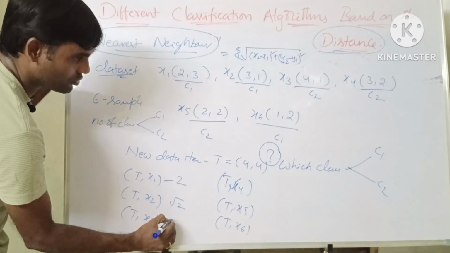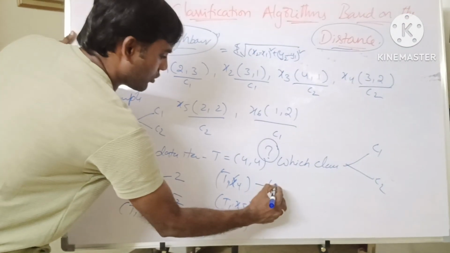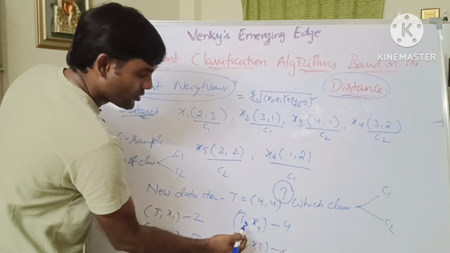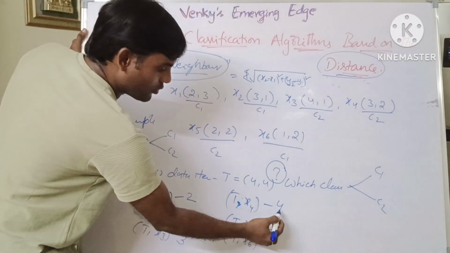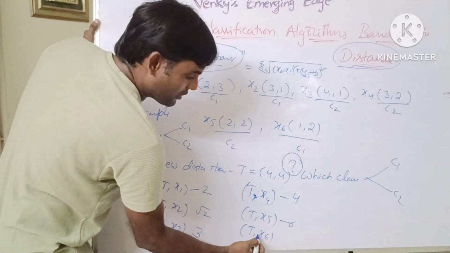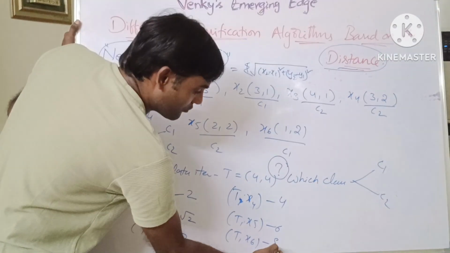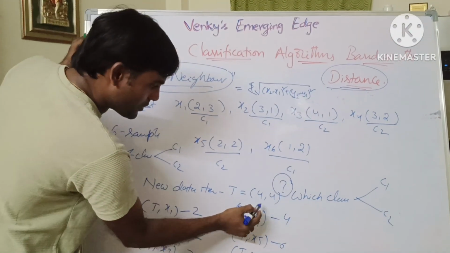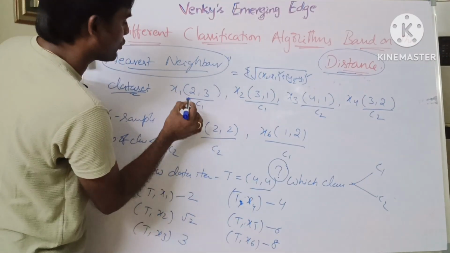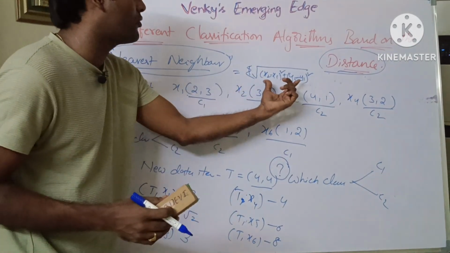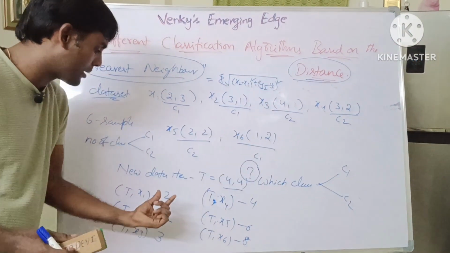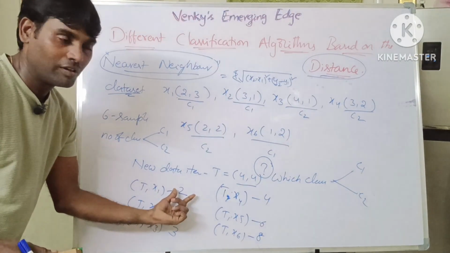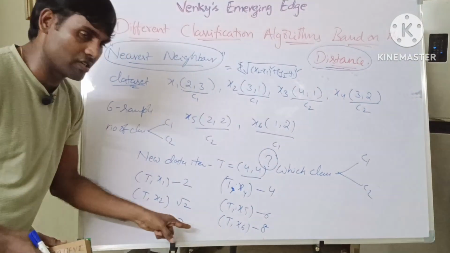Here the distance value is 3. Here the distance value is 4. T comma x4 is 4, T comma x5 is 6, T comma x6 is equal to 8. For example, the distance between 4 comma 4 and 2 comma 3, when I apply Euclidean distance, I get maybe 2. So these are all the distance values.